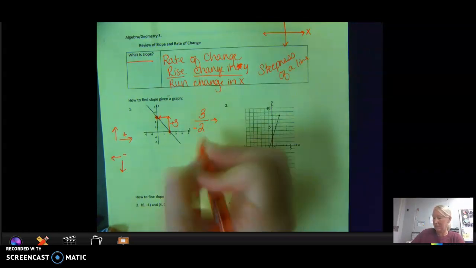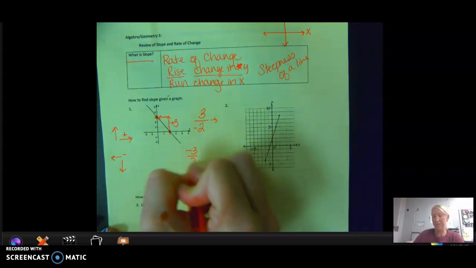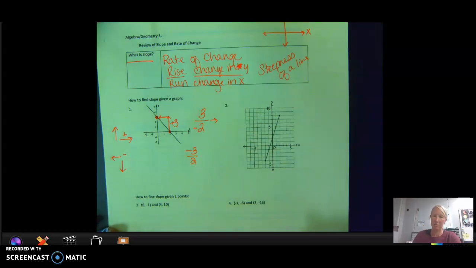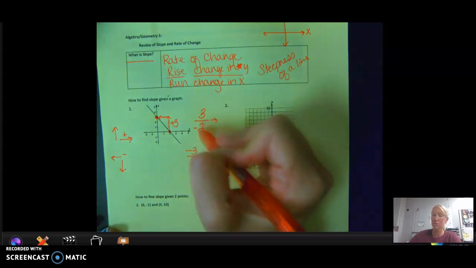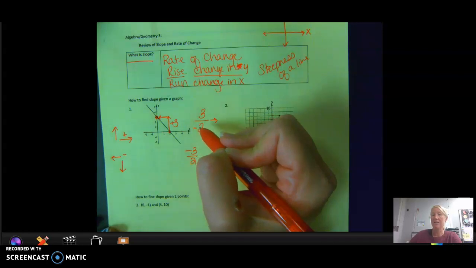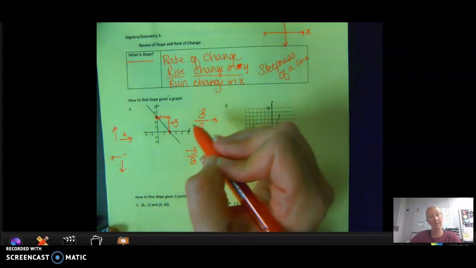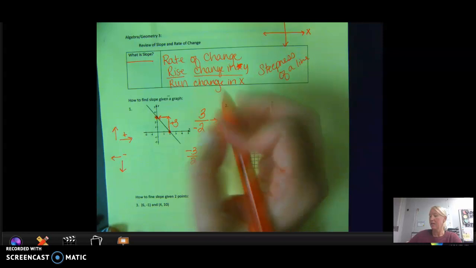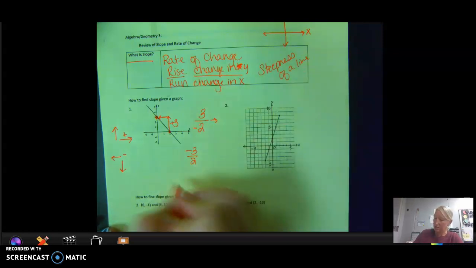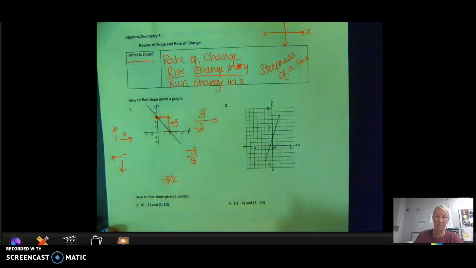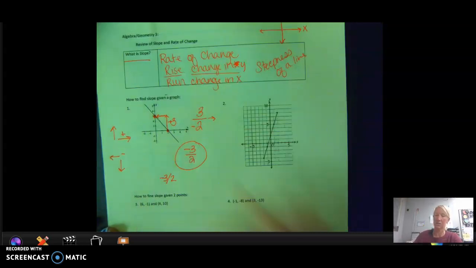Typically, you will see that written as negative 3 over 2, where the negative sign is with the top number. If both of these numbers were negative, it would become a positive slope because a negative over a negative makes a positive. How I want you to enter this into Schoology: you will type negative 3/2, no spaces. That is your slope.